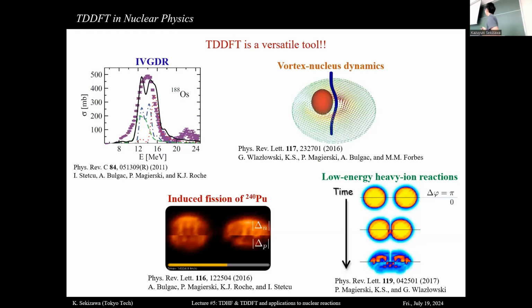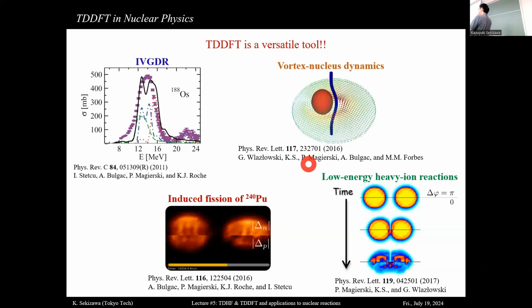What's more, we can apply the same method to describe the dynamics of neutron star matter. This is a peculiar example of an application of TDDFT, including pairing correlations, so superfluidity is taken into account. And then we can describe the so-called quantum vortex.